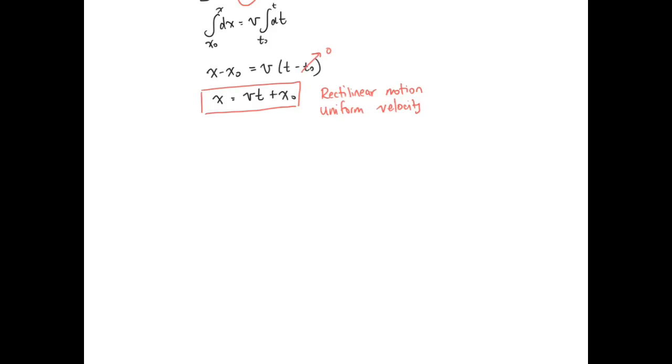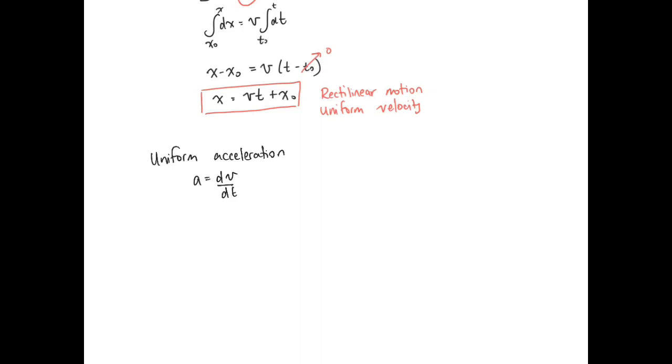Now we're going to look at uniform acceleration. Can anybody guess how many equations we're looking at for uniform acceleration? How many equations should we be able to derive? We should be able to derive 3 equations because we have 3 equations for representing what the acceleration is. So we have acceleration is equal to dv over dt.